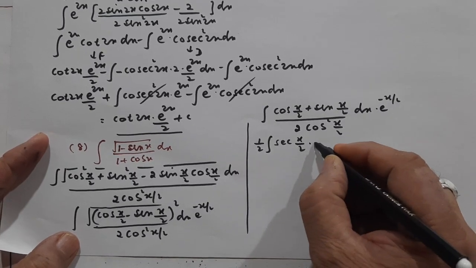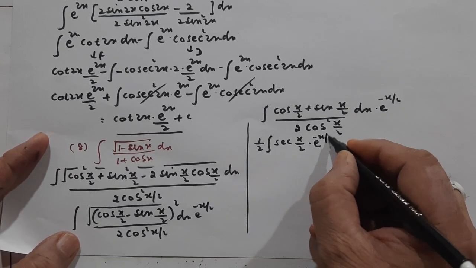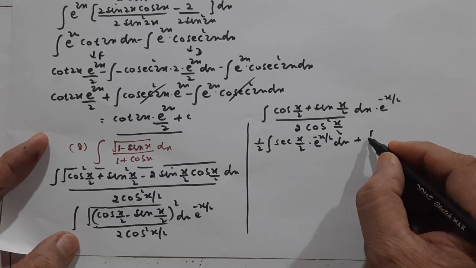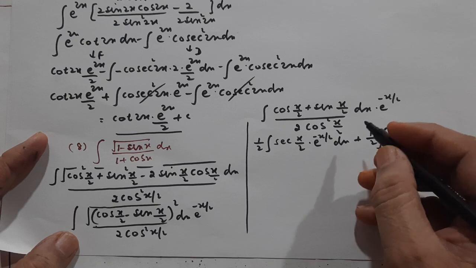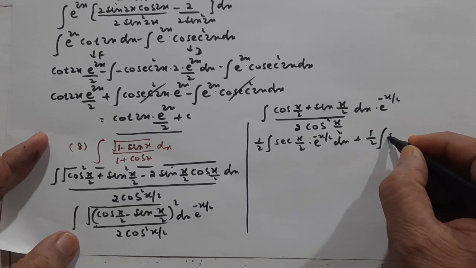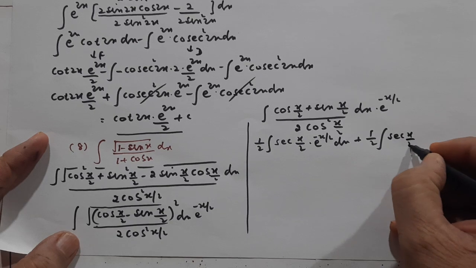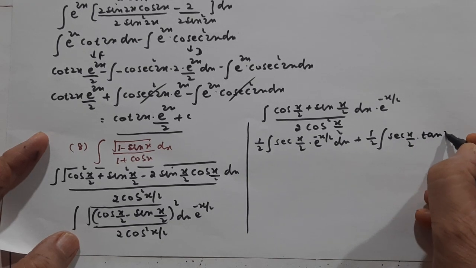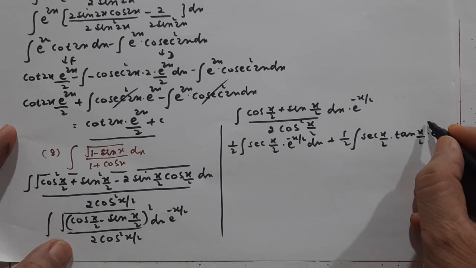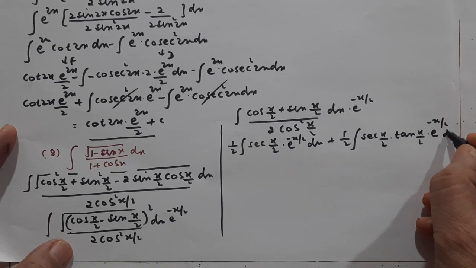So secant x by 2 into e power minus x by 2 dx plus 1 upon 2. Here we get sine upon cos square, this is secant x by 2 into tangent x by 2. Secant x by 2 into tangent x by 2 into e power minus x by 2 dx.